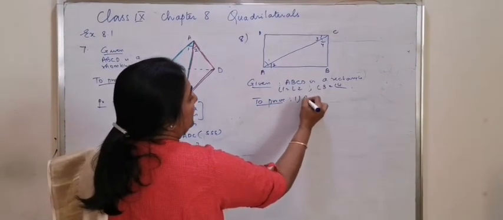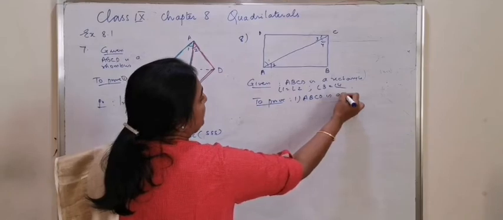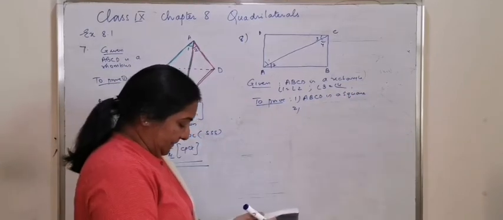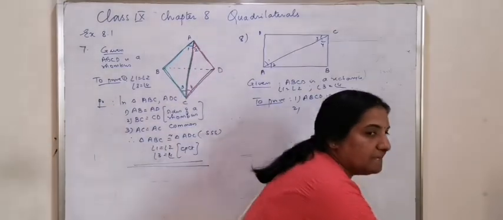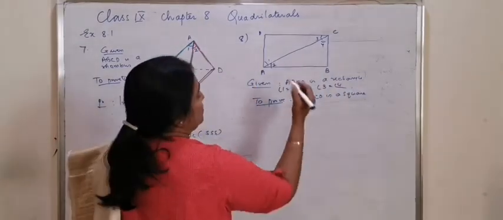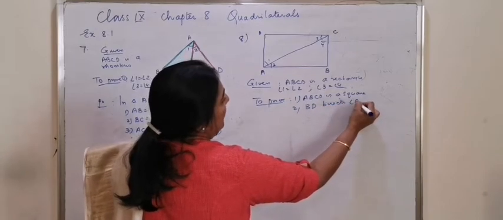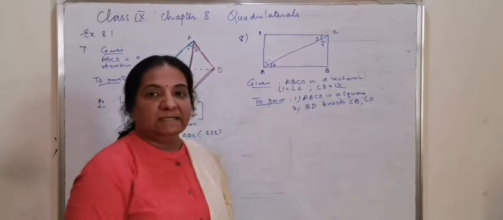To prove, number 1, ABCD is a square, and number 2, it bisects angle B and angle D also. That means diagonal BD bisects angle B and angle D.